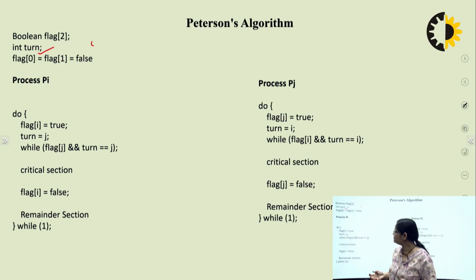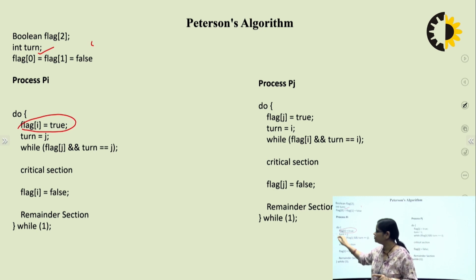Now here, in the process Pi, what you have to keep in mind is what I am saying. Again, as in the previous Dekker's algorithm, flag of i equals true. It means that the process i has raised its flag that it wants to enter.